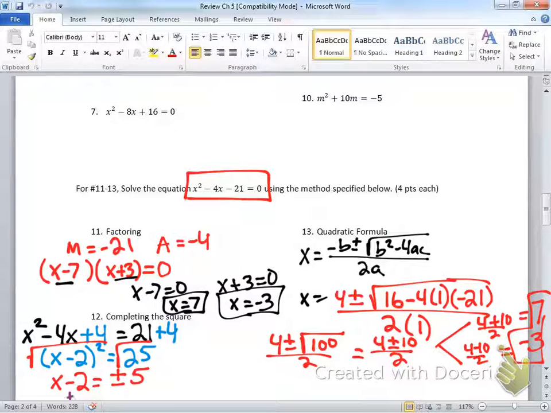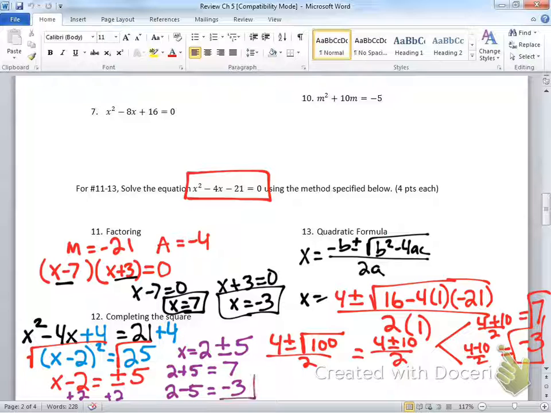All right, so I need to add 2. I'm going to write it in front of the plus minus. So x equals 2 plus or minus 5. 2 plus 5 equals 7. 2 minus 5 equals negative 3. Boom! I did it.